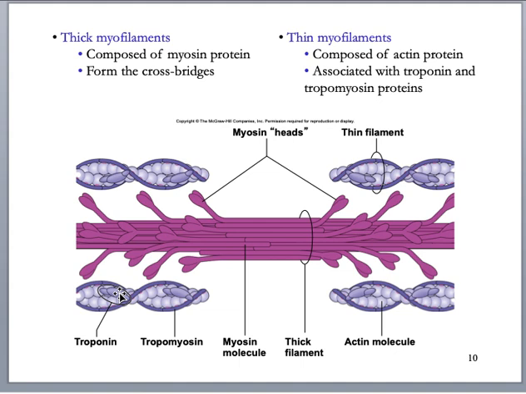When troponin changes shape, it pulls tropomyosin out of the way and exposes those little pink areas on actin. When those pink areas are exposed on actin, because tropomyosin has been moved out of the way, now these myosin heads can bind to the myosin binding sites on actin. And when that happens, you can have muscle contraction. Okay?